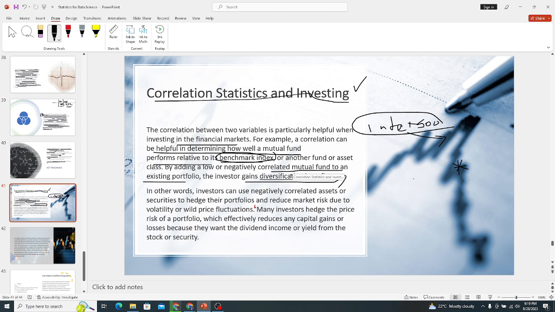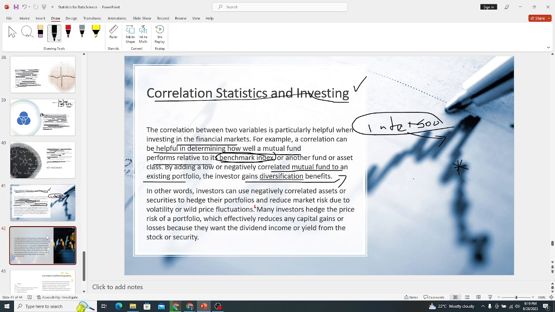So you are diversifying your risks. If you are a risk averse person, you can always opt to diversify. But again, we usually say the higher the risk, the higher the gain.